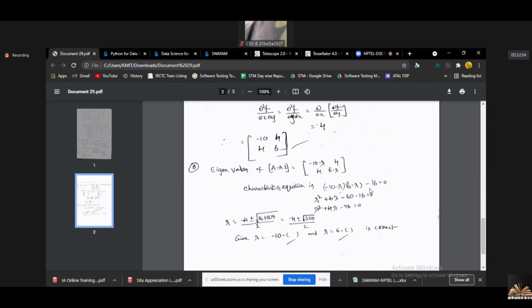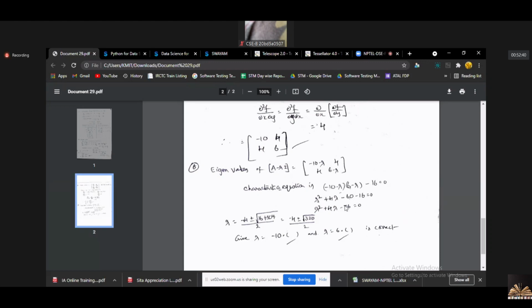Multiplying these two, we will get lambda square plus 4 lambda minus 60, then minus 16 equal to 0. So finally we get lambda square plus 4 lambda minus 76.